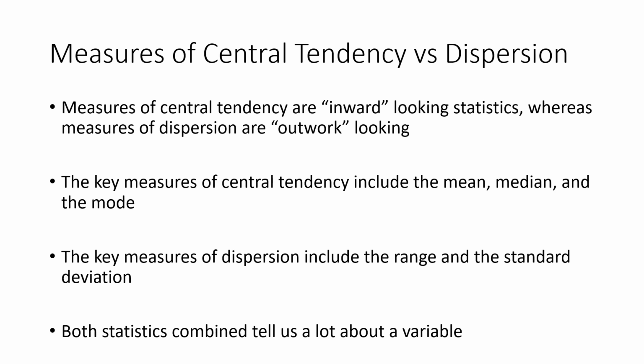So firstly, the key measures of central tendency include the mean, the median, and the mode. You've probably come across these terms at some point in your mathematical career. So the mean is the arithmetic average, the average score in a distribution of scores.